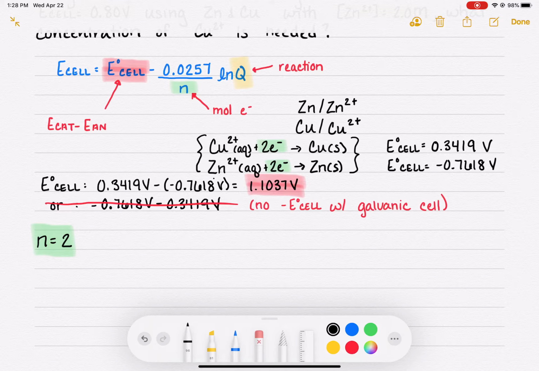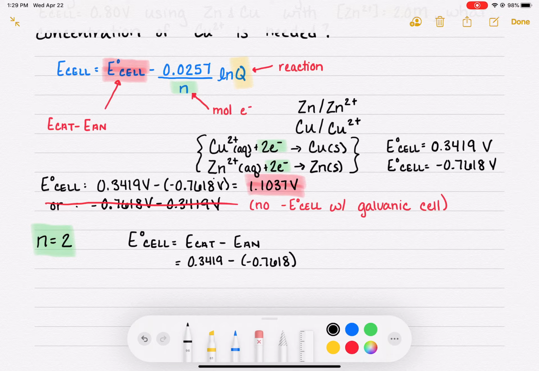So our tool for coming up with the correct reaction is our E cell, because we know that E cell has to be positive. We put everything together in an order that gave us positive 1.1 volts. We also know that E cell is the cathode minus the anode. So we found that the correct order of voltage in our E cell equation was 0.3419 minus negative 0.7618.